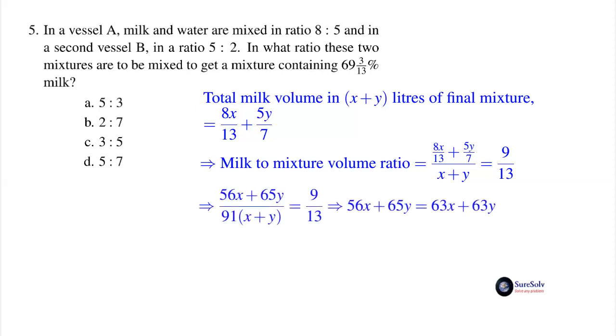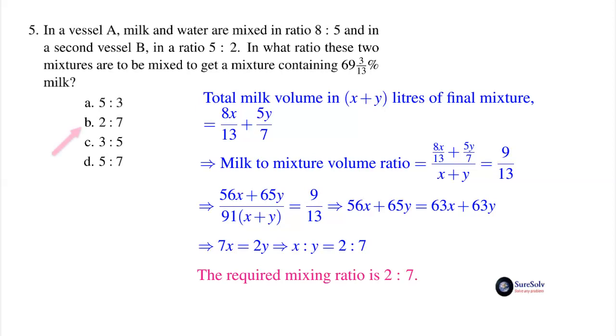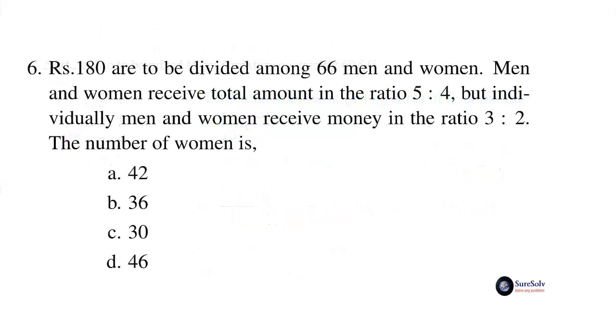Cross multiply and simplify to get 56x plus 65y equals 63x plus 63y or 7x equals 2y. So, x is to y equals 2:7. That is, required ratio of mixing is 2:7. Answer, option B, 2:7.